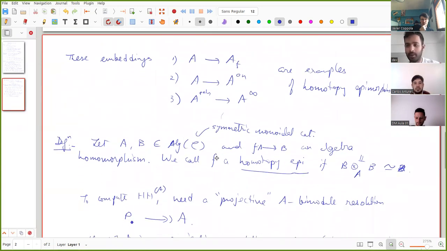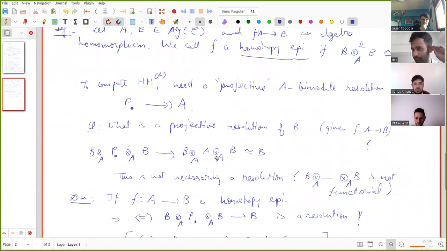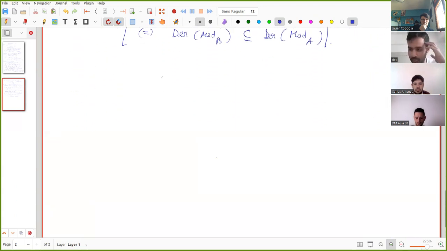So this is why one works in this more abstract setting. You start with a symmetric monoidal category and you define things relative to some exact structure on a symmetric monoidal category. Okay, so that takes me to the second part of this talk, which is homological algebra.